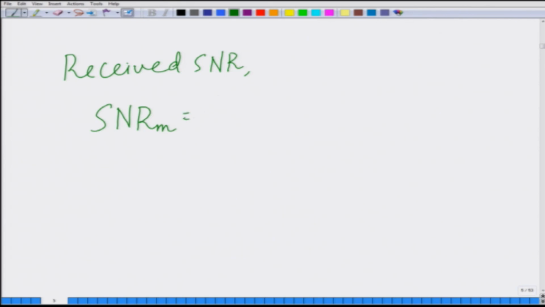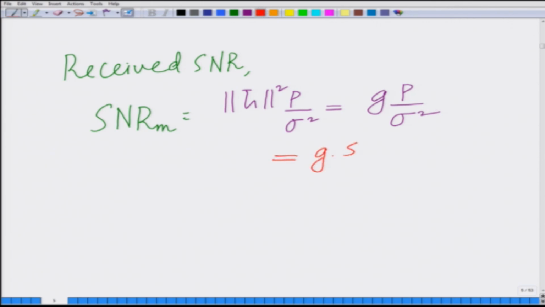Our SNR is, as we have already seen, norm h bar squared times P divided by sigma squared, but norm h bar squared equals G. So this is G times P divided by sigma squared, which is basically equal to G times the SNR after maximal ratio combining.